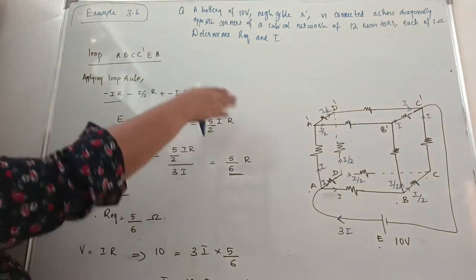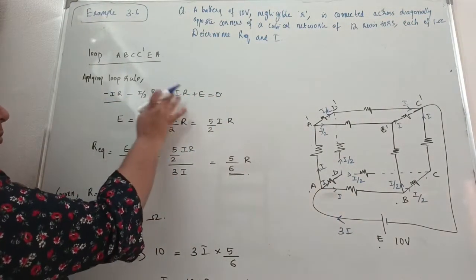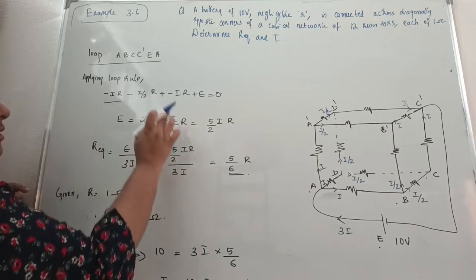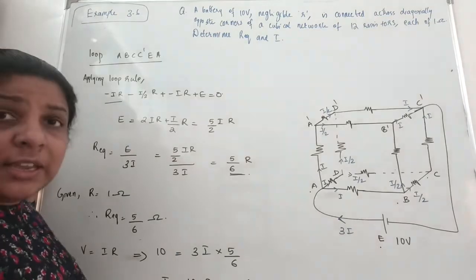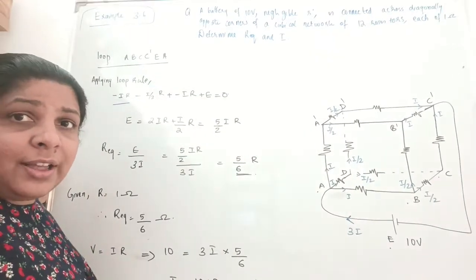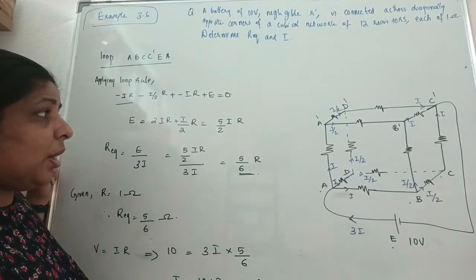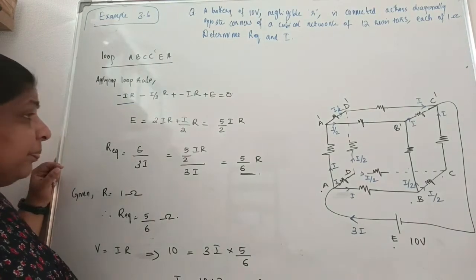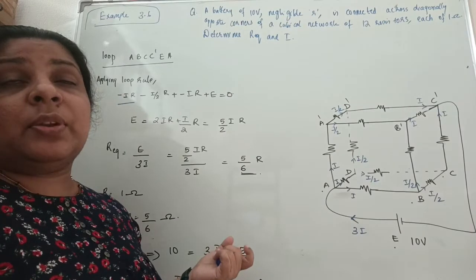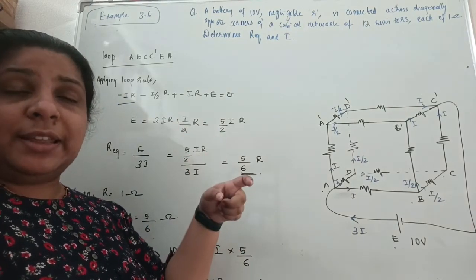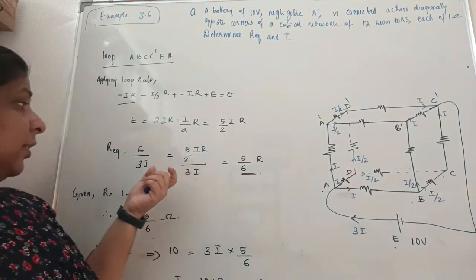Now taking all the IR terms to one side, you will get IR plus I by 2 R plus I by 2 R plus IR. When you simplify, you will get 5 by 2 IR. The EMF value is 10, so E is 5 by 2 IR. We know R equivalent is equal to the total potential E divided by the total current.